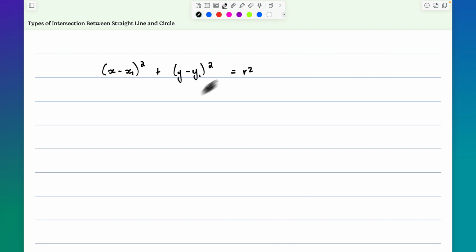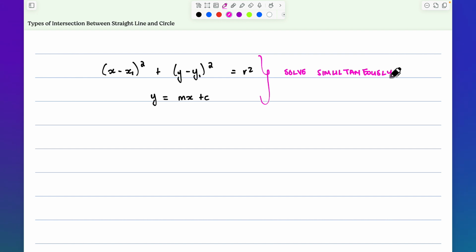That's your first function. Your second function is the straight line, which follows the equation y = mx + c. In order to solve for a point of intersection, you have to solve these simultaneously.